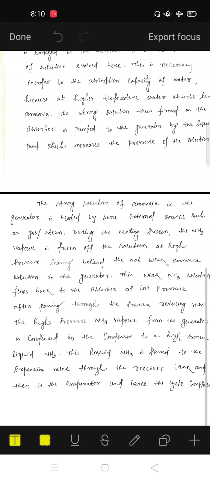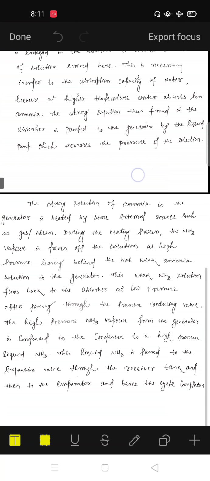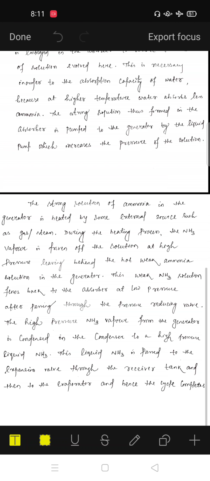This weak ammonia solution flows back to the absorber at low pressure after passing through the pressure reducing valve. The high pressure ammonia vapor from the generator is condensed in the condenser to a high pressure liquid ammonia.